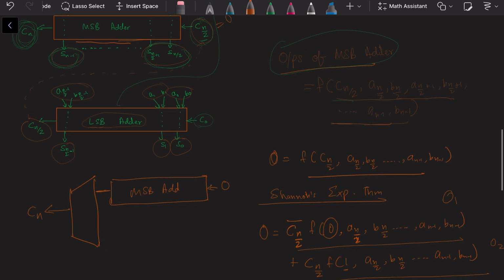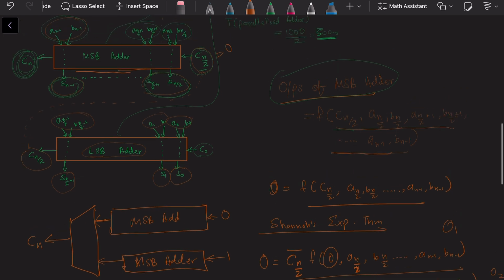One MSB adder gets a carry input of 0 and the other MSB adder gets a carry input of 1, and they both get the exact same A(n/2), B(n/2), all the way to A(n-1), B(n-1), exact same things.